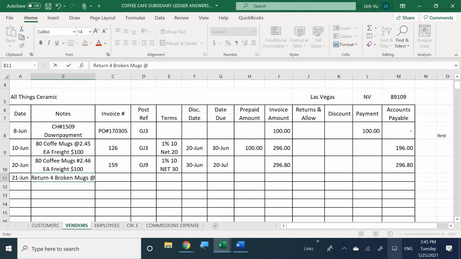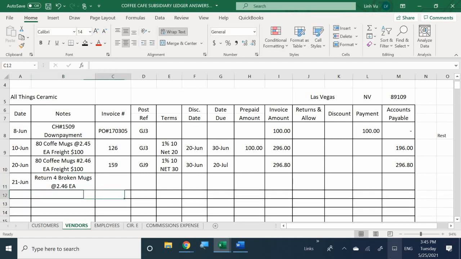Come on, at symbol. 246 each. Okay. Once again, 159C for credit. Okay.